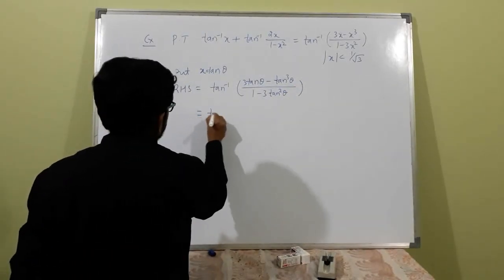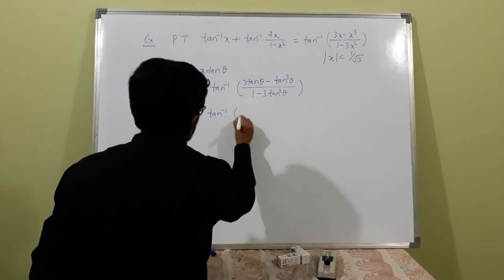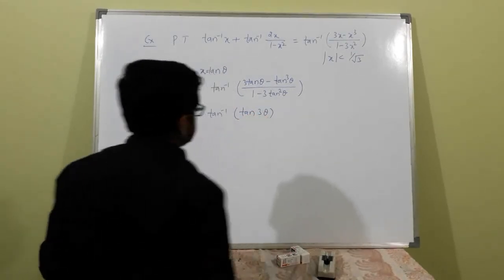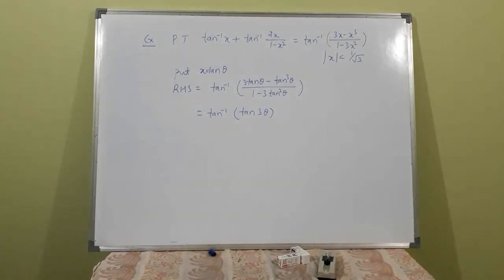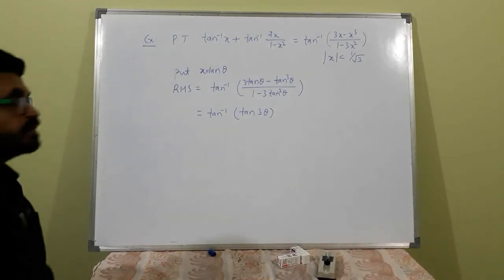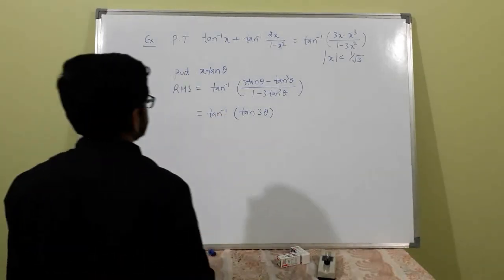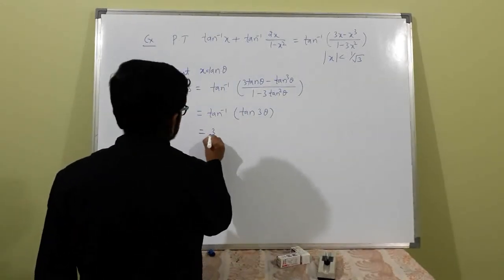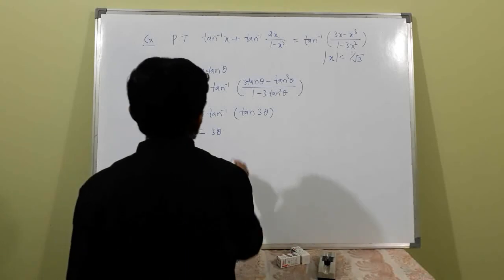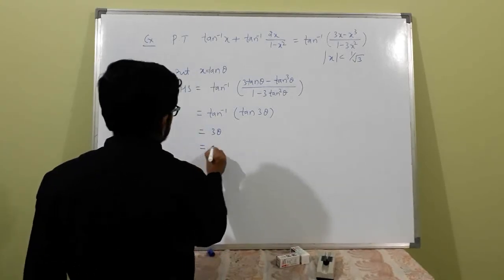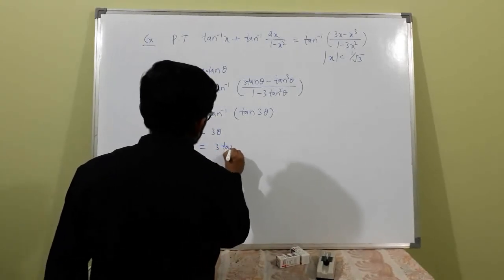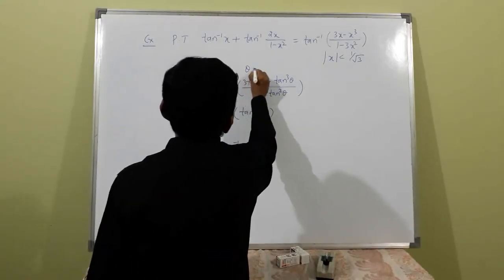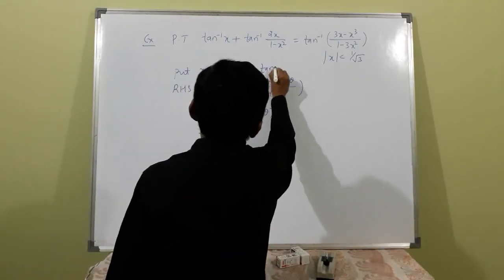This is tan inverse of tan 3 theta, isn't it? Tan 3 theta is 3 tan theta minus tan cube theta divided by 1 minus 3 tan square theta. So this is equal to 3 theta, or 3 times tan inverse x, since theta is tan inverse x.